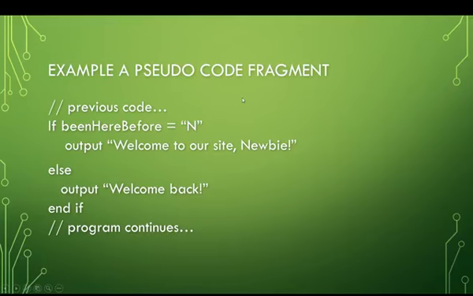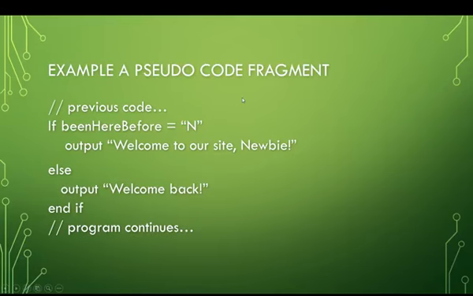The welcome back is for the person who says, yeah, I've been here before. They're not a newbie. And then the program will continue. So this is a fragment. I'll go ahead and write this up in Word again for you. But pretty much that's really it right there. Okay? All right, let's go ahead and take a look at our Word version of this.